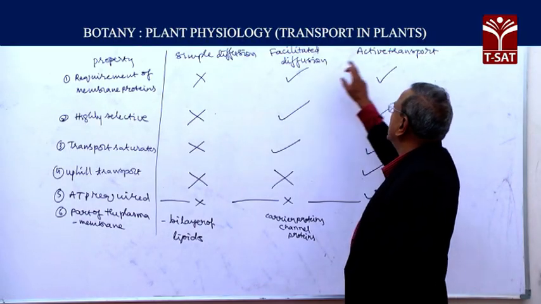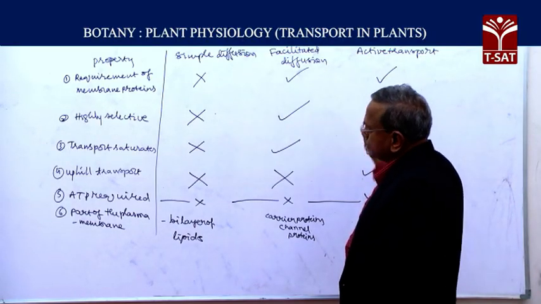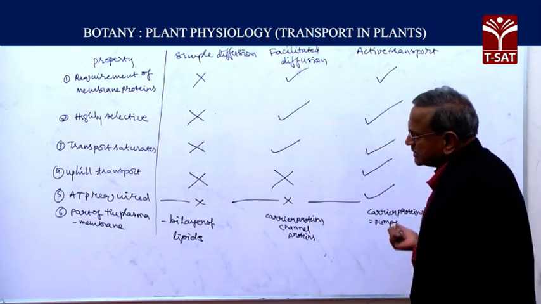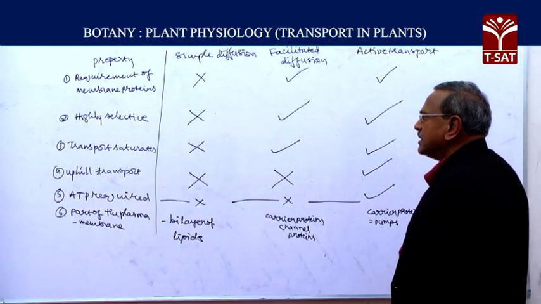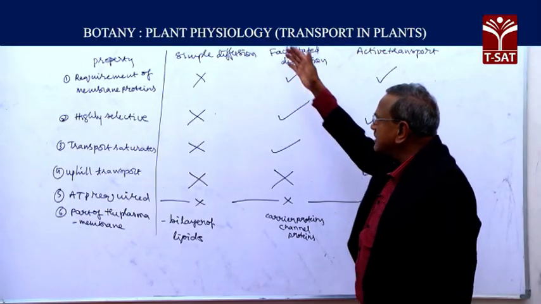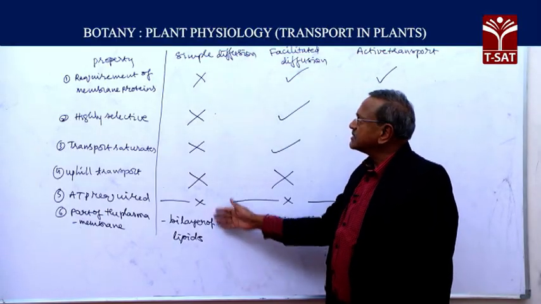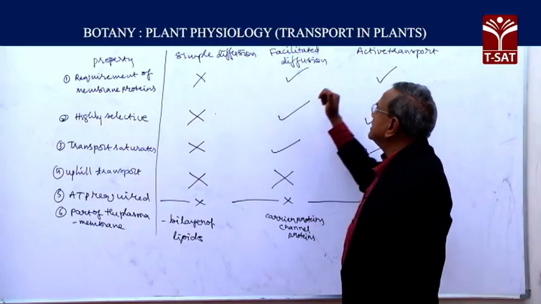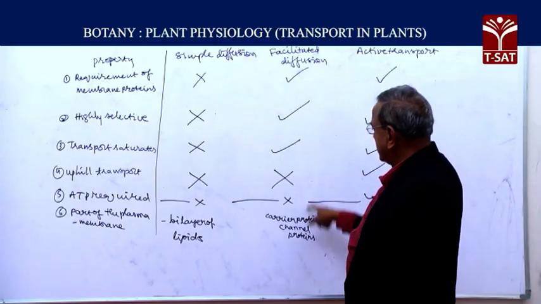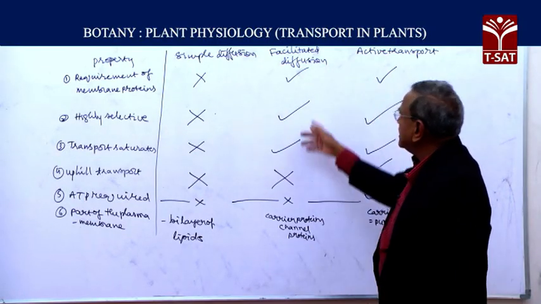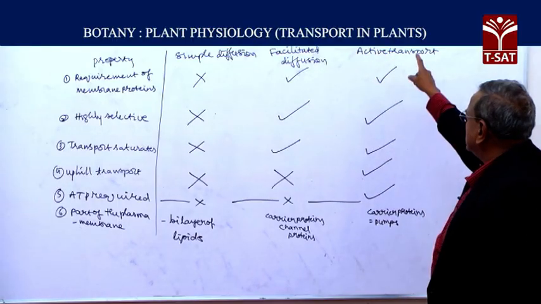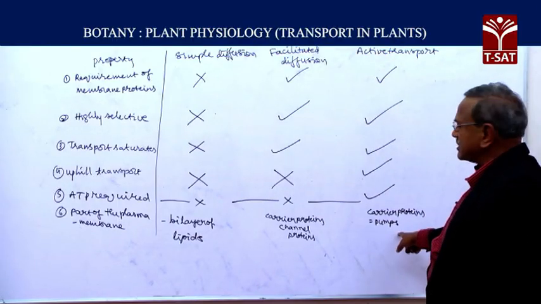Facilitated diffusion and active transport both are highly selective and there is an effect of transport saturation, and also inhibitors can inhibit the process. Inhibitors have no effect in case of simple diffusion, whereas inhibitors can stop the process of transport by carrier proteins, whether they are involved in facilitated diffusion or in active transport, now described as pumps.